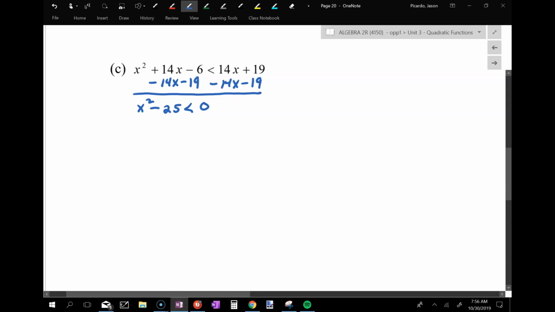All right, so I got my inequality, right? So this is the inequality I need to analyze. Right, that's the one that I'm ultimately going to look at.